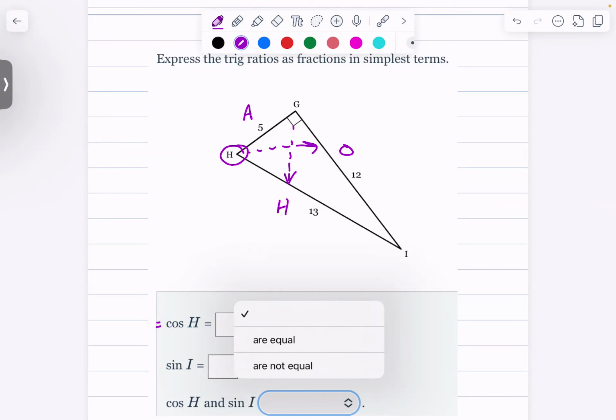Cosine is CAH, so it's adjacent over hypotenuse, which is 5 over 13. Sine of I, really quick, what is the sine of I? 5 over 13 as well, because of what we just talked about before the calculator bit. And they are equal.